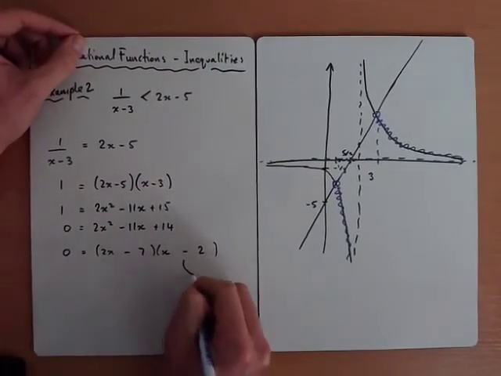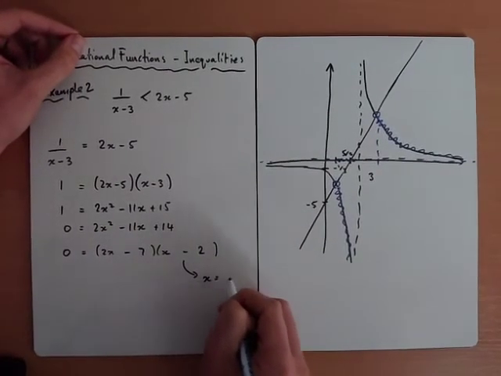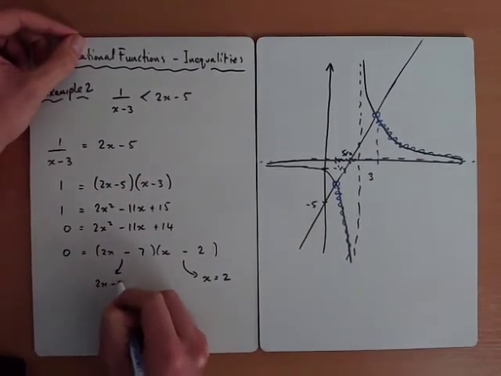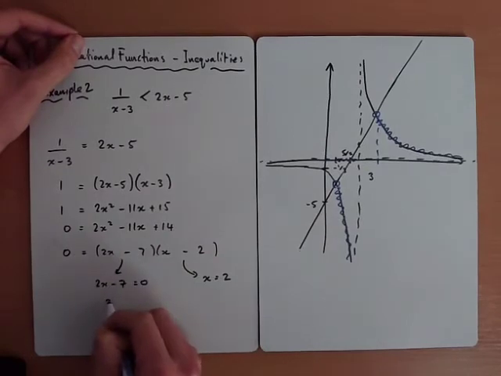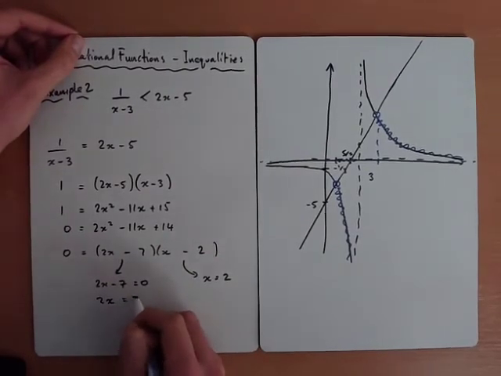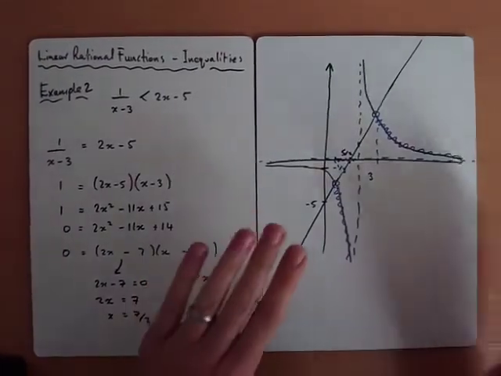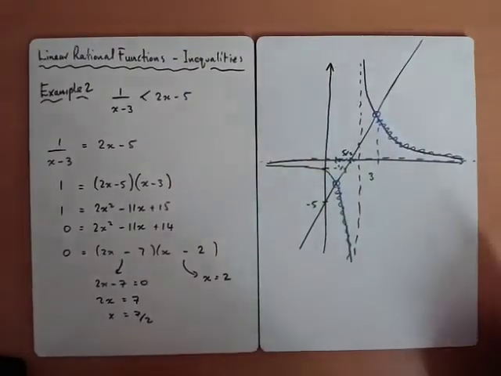So the solutions are going to be x equals 2, 2x minus 7 equals 0. So 7 over 2.